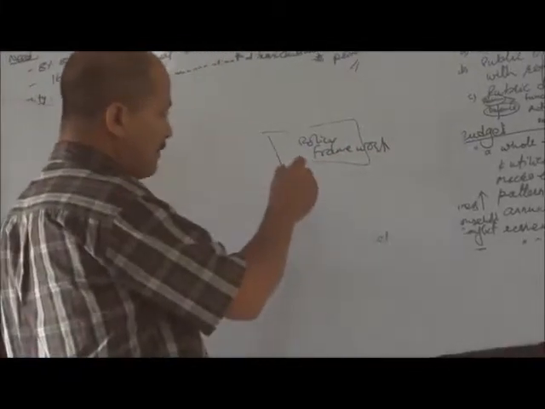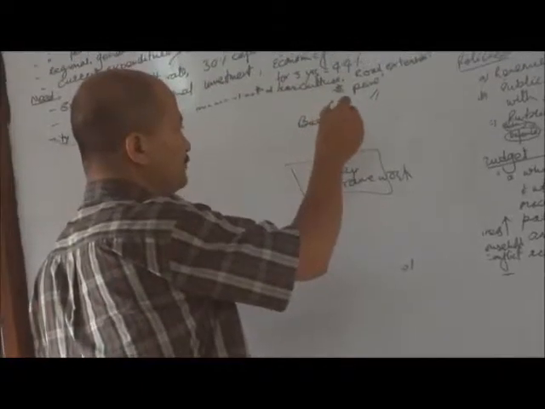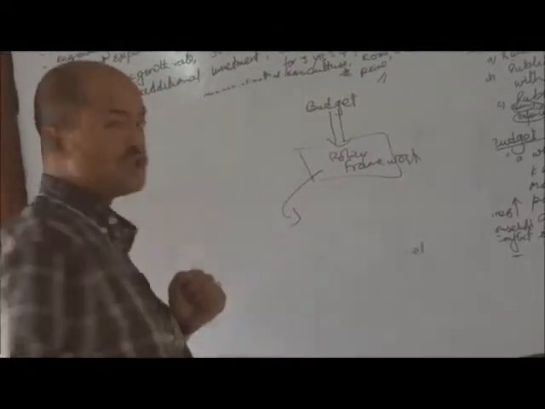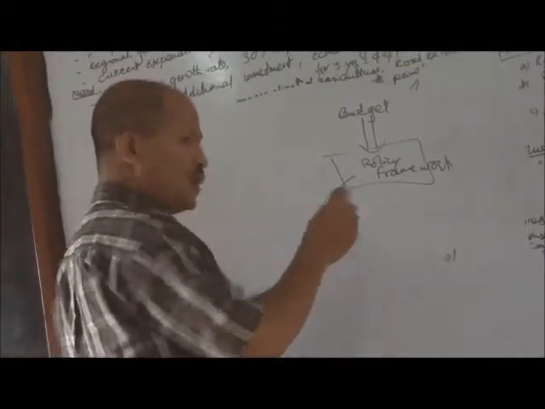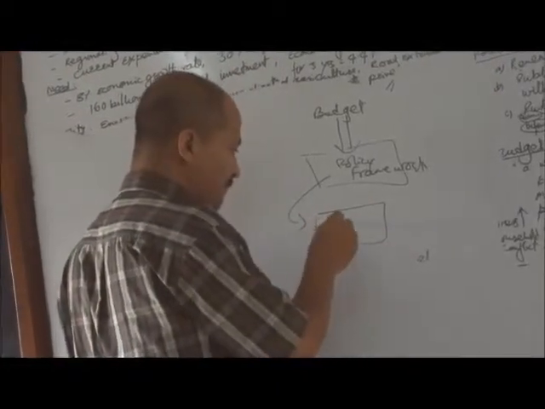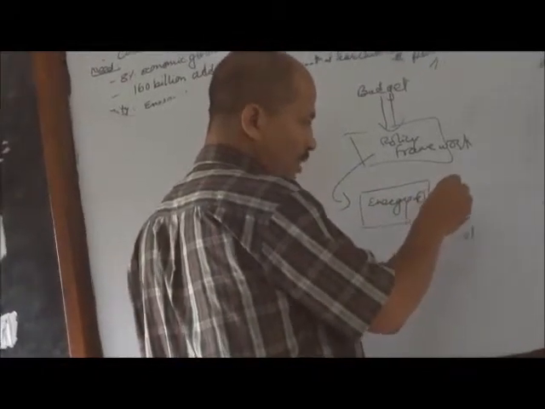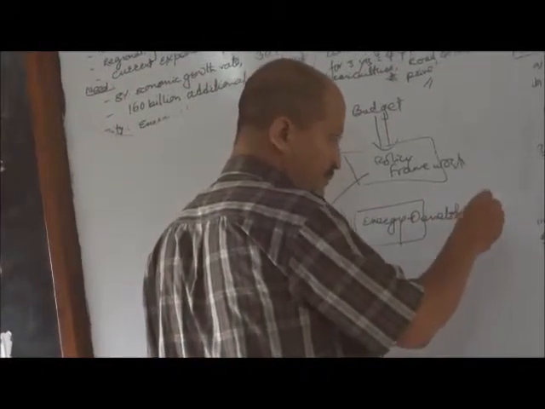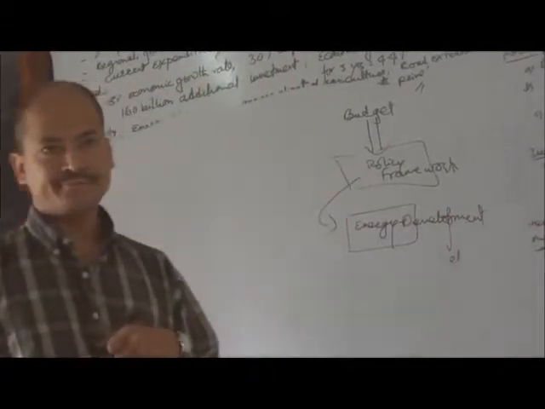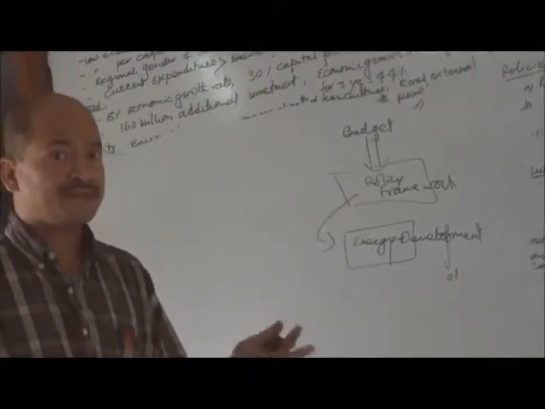And the budget is formulated within the framework. Just like in the policy framework, what is the policy for this year? Our major concern is energy development. Energy development is the first priority of the government. What will be the reflection in the budget?